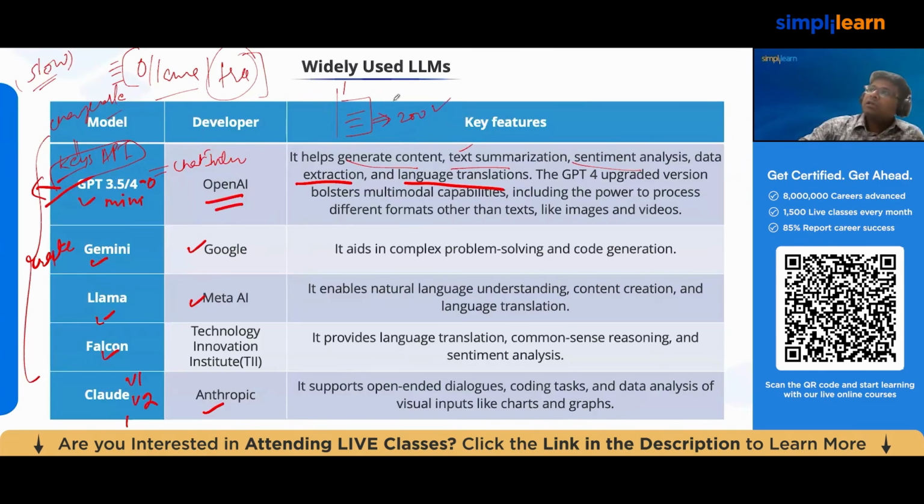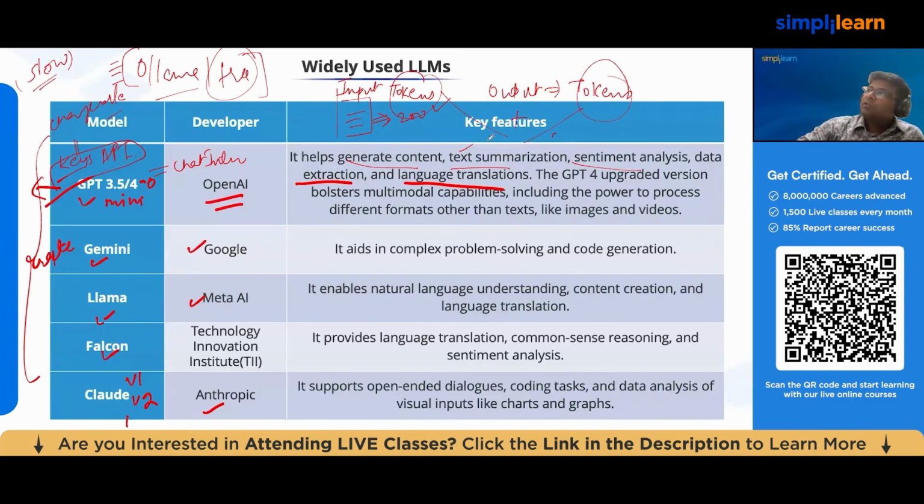But it will come with a token cost, which is this key API, right? I'm trying to tell you that when you feed in the input data, it is divided into tokens, and the output data which is generated also has some tokens. So this token plus this token will add up.